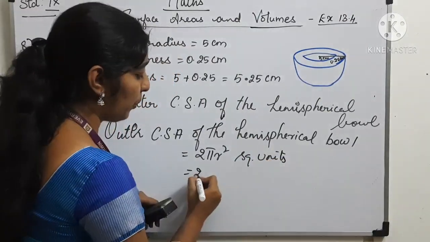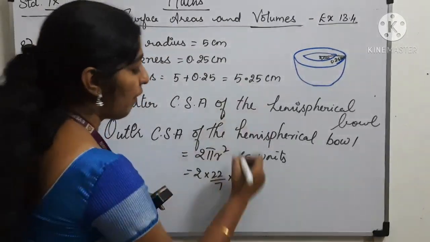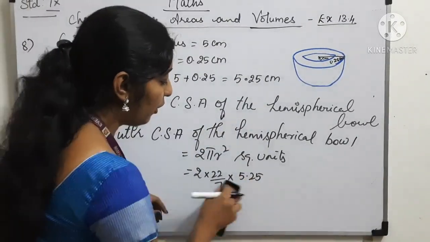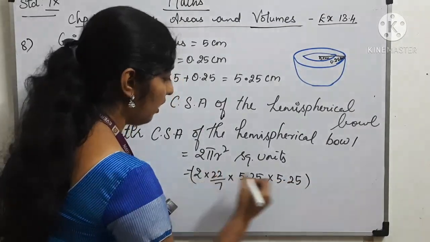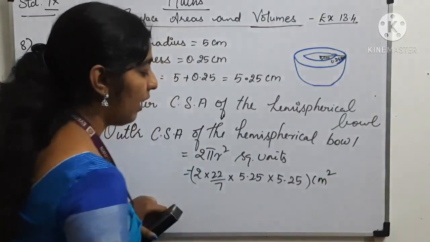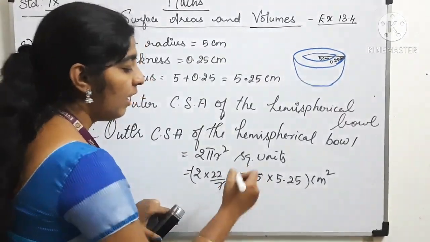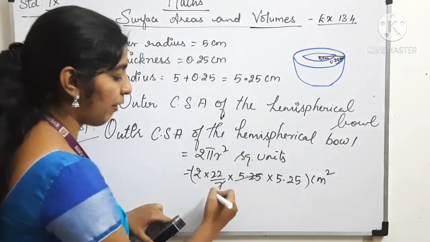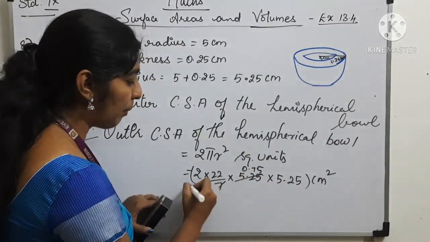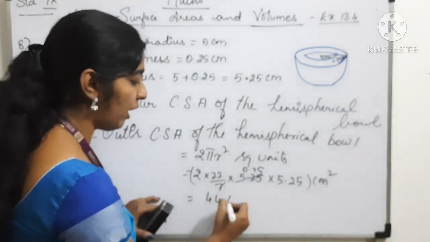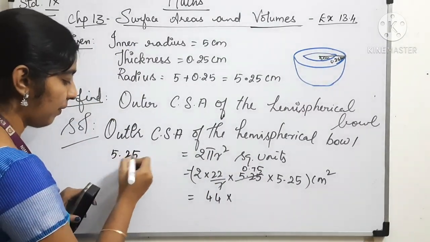So, which is equal to 2 into 22 by 7 into r square, that is 5.25 centimeter square. Can you cancel anything in this? Yes. 7 and 5.25 can be cancelled. 7 ones are 7. This is 0.75. Now we have to multiply 2 into 22 is 44 into 0.75 into 5.25.